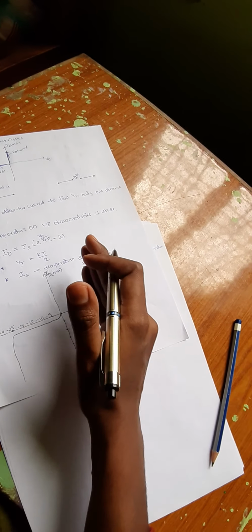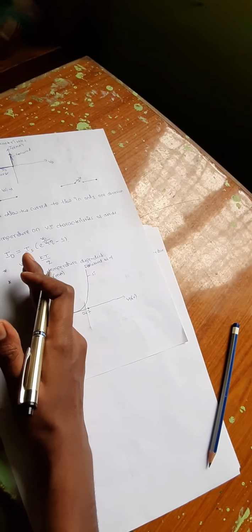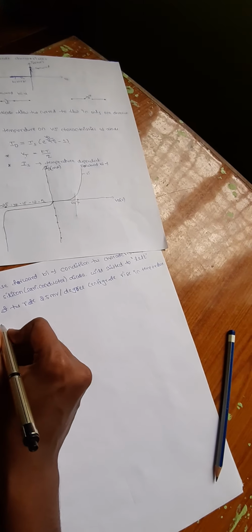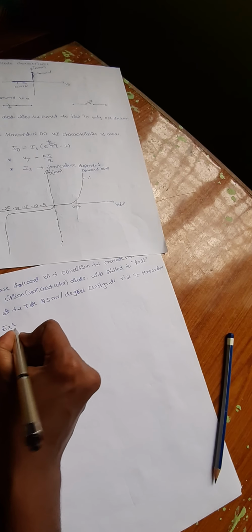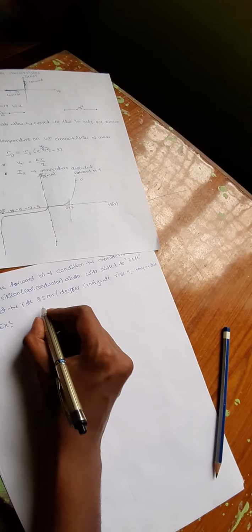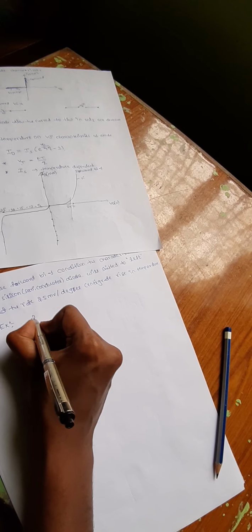Here, for silicon, 0.7 volts is there. So as we increase the temperature per degree centigrade, there is a change in the VI characteristics, and this curve will be shifted to the left side. If you consider an example, you get clarity. Let us consider 25 degrees centigrade.